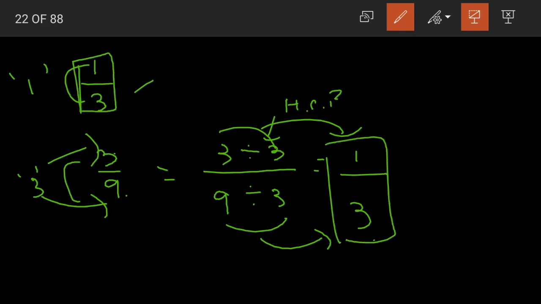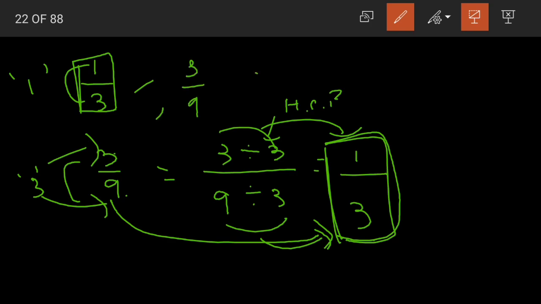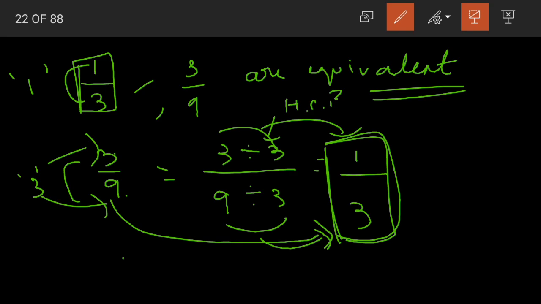The first fraction was also 1 by 3, and for the second fraction its simplest form is also 1 by 3. From this we can conclude that the given fractions 1 by 3 and 3 by 9 are equivalent fractions.